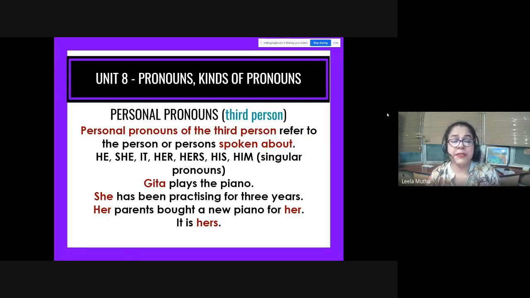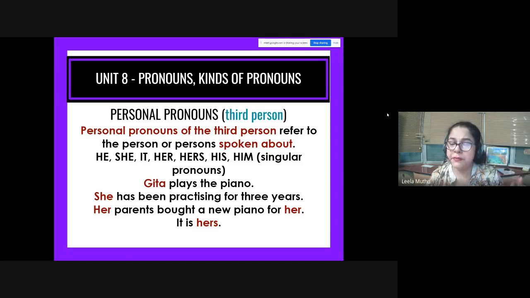Now let's go to the personal pronouns of the third person. All right. The personal pronouns of the first person refer to the person or persons who are doing the talking or who are speaking. I, we, me and my daughter, let's say, then myself, my, mine, ours, ourselves, us, all these refer to the persons who are doing the talking.